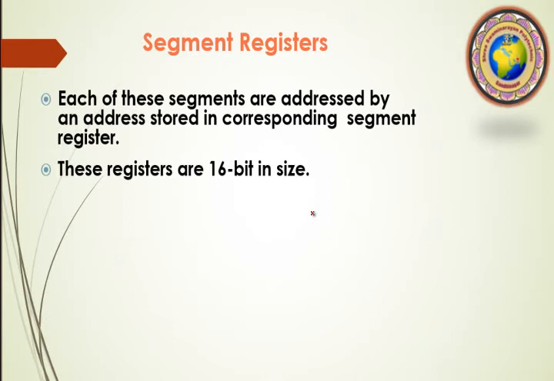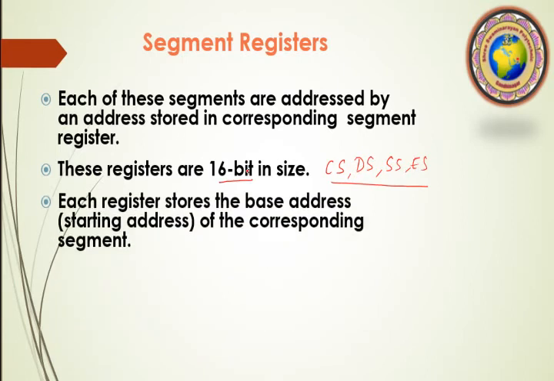So our 4 segment registers, CS, DS, SS and ES, each has a register size of 16 bits. Remember this. Each register stores the base address, also called the starting address, of the corresponding segment.